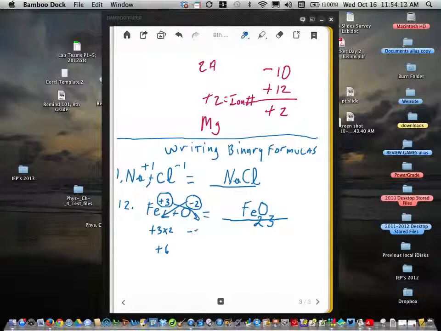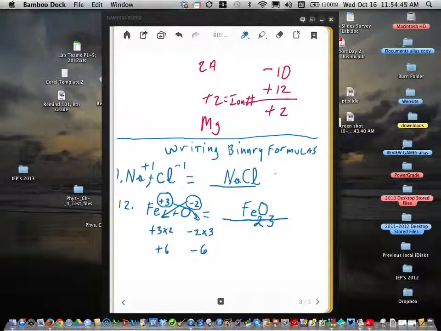Well, there's negative 2 of them, so I need to multiply that by 3 to form negative 6. What this is saying is that the number of atoms on this side and the number of atoms on this side must at all times be equal. We'll get into the details of that in the next chapter, but I want you to know that when you cross it over and drop it down, you are conserving the number of atoms.